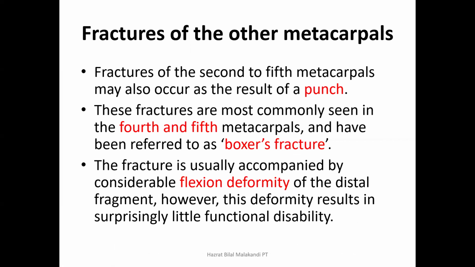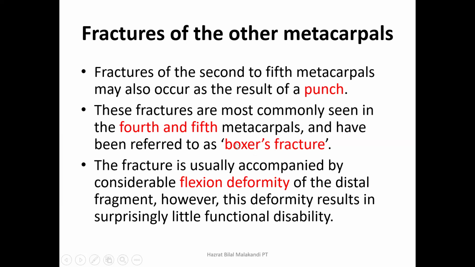Fractures of the other metacarpals are not as common as they are in the first metacarpal. But they can also happen by the same mechanism, as a result of a punch. Among these fractures from second to fifth, the most commonly seen are in the medial two metacarpals, the fourth and the fifth metacarpals, and they are commonly known as the boxer fracture.